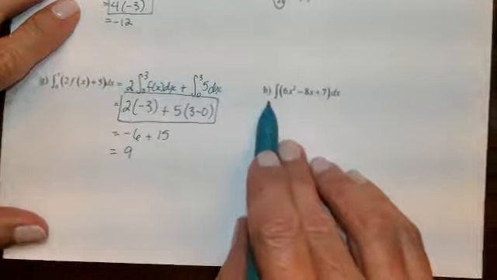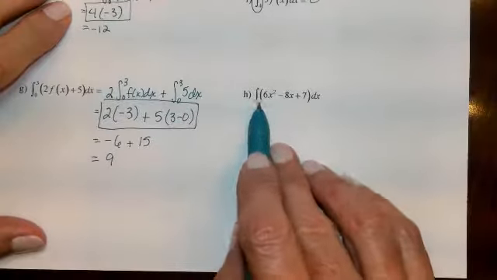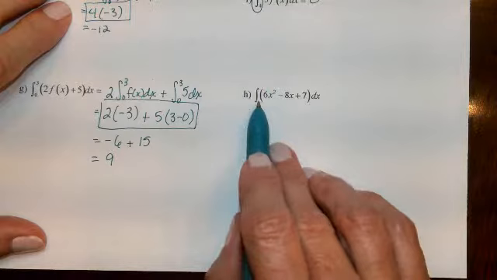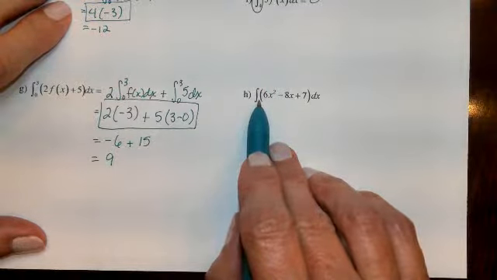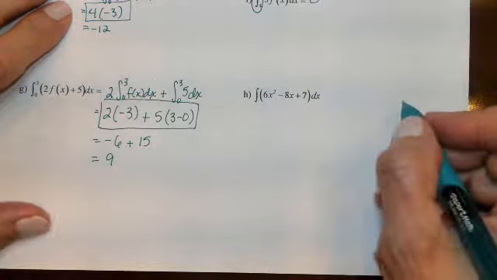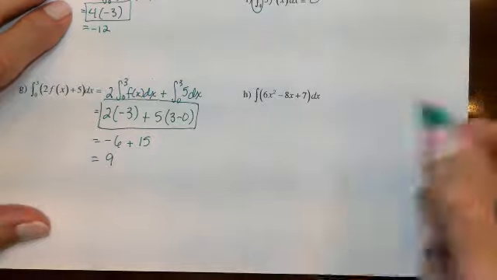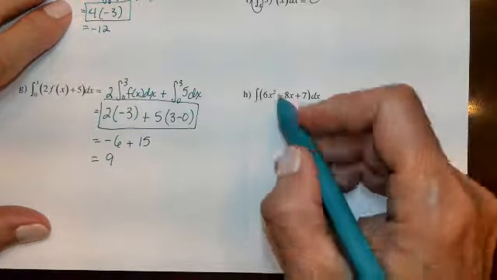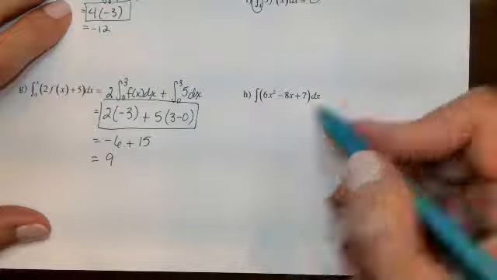Part H. No boundaries. I put this on here just to refresh your memory because this was back in our first section when we did the power rule for integrals. I put this on here just to remind ourselves so we didn't forget. If you don't have boundaries, then you're doing an indefinite integral, right?